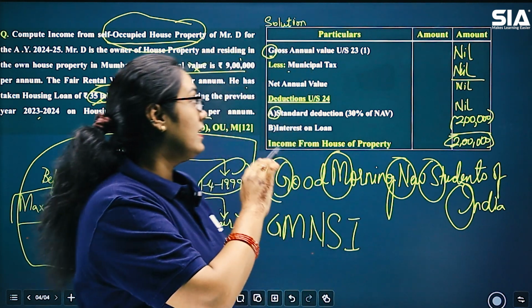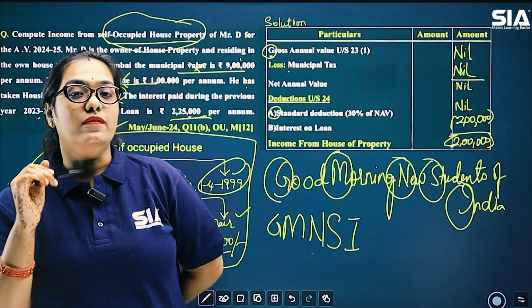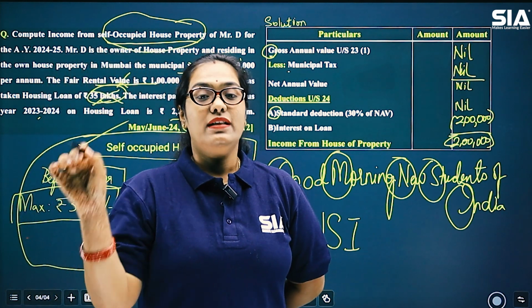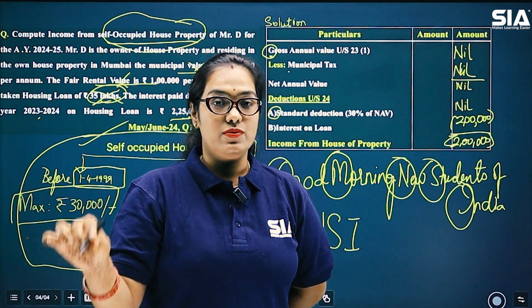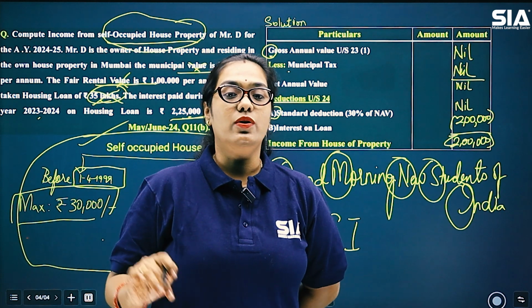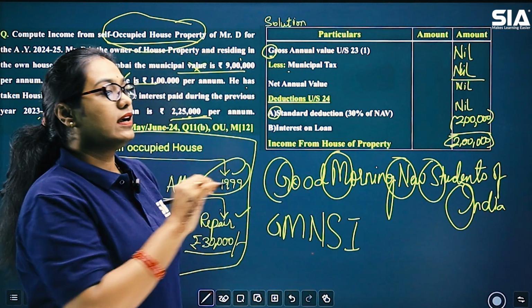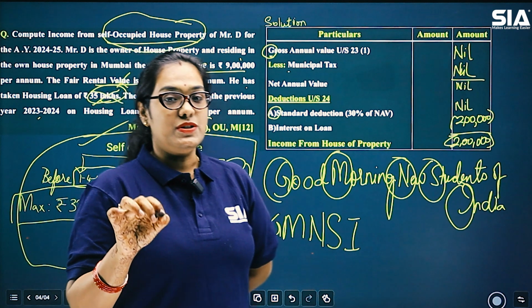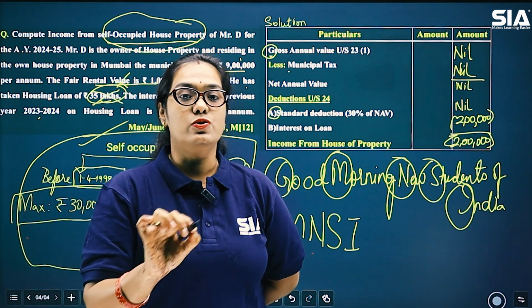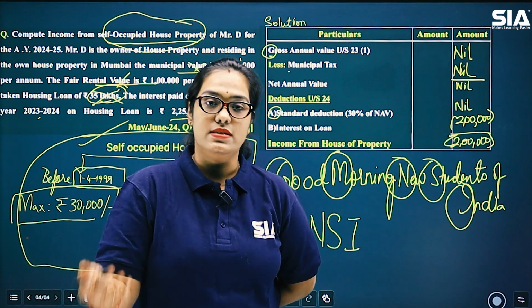Then you can also write another working note on gross annual value, where you will say that since the house is self-occupied, the gross annual value of the house is 0 or nil. Then the next working note you can write on standard deduction as well, where you can mention since the net annual value is 0, standard deduction also will be nil or 0.